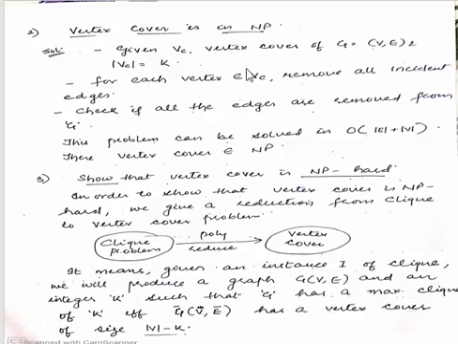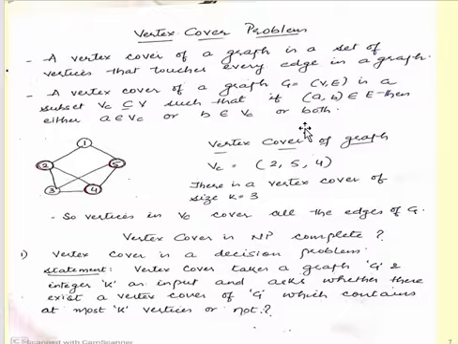Now given VC, the vertex cover of G, for each vertex that belongs to VC, remove all the incident edges. Like suppose a vertex cover is given to you, 2, 5, 4.